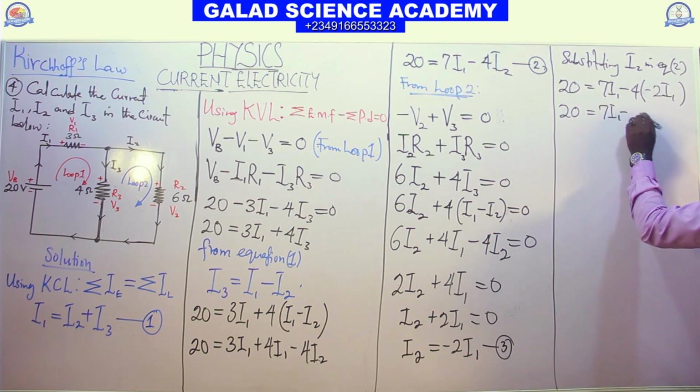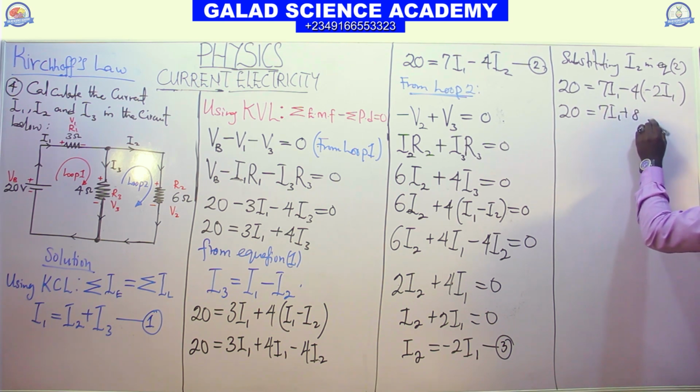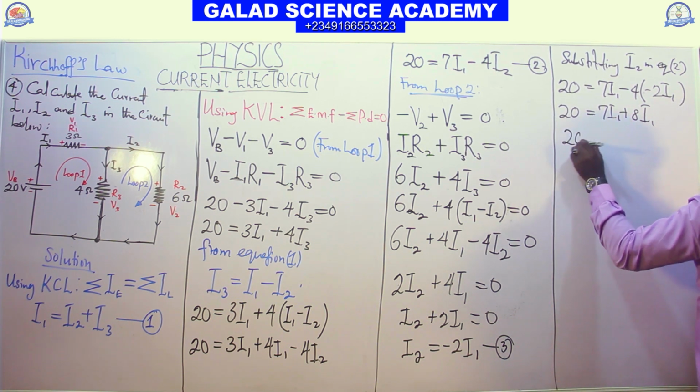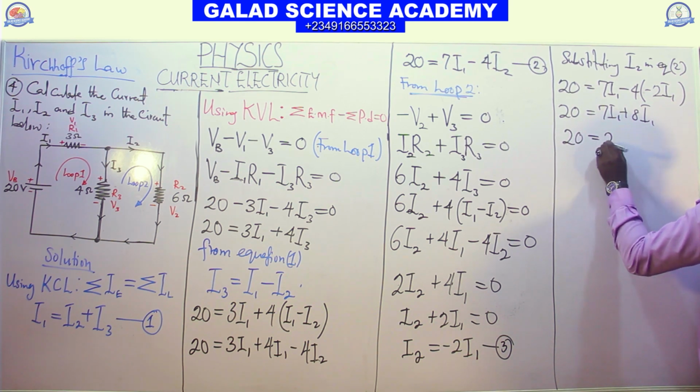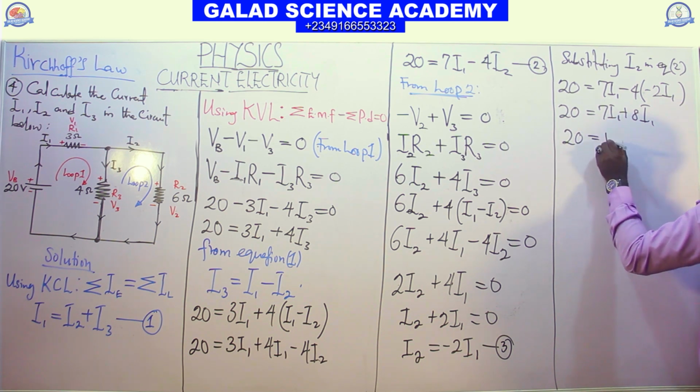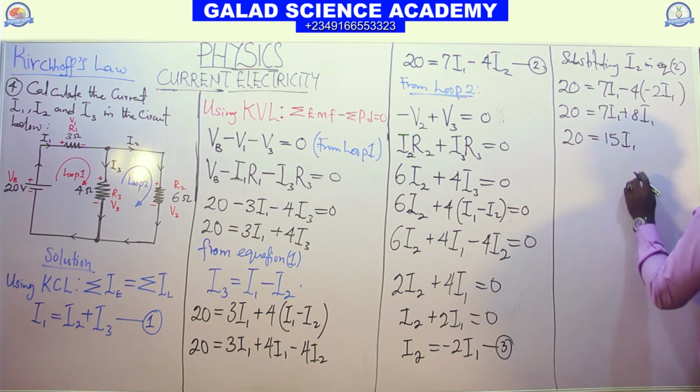We now have 20 equal to 7I1 minus 2 times minus 8I1. By adding it together, it gives us 15I1.